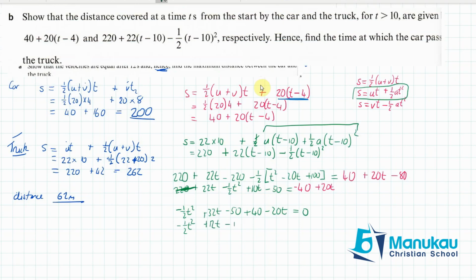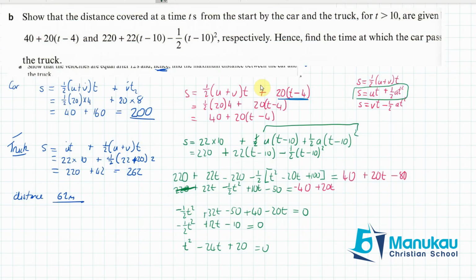And then minus 10 equals 0. To make life easier, I'm going to times everything by negative 2. t squared minus 24t plus 20 equals 0. So we might use the calculator to solve this one.